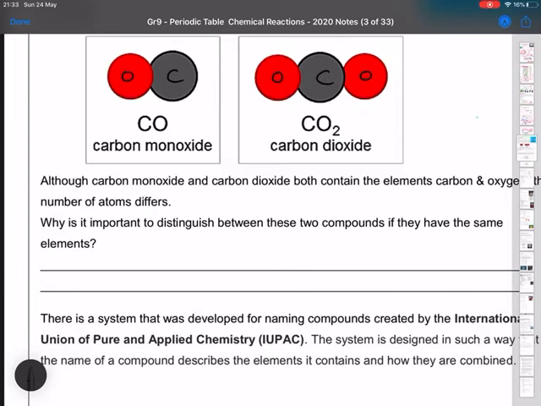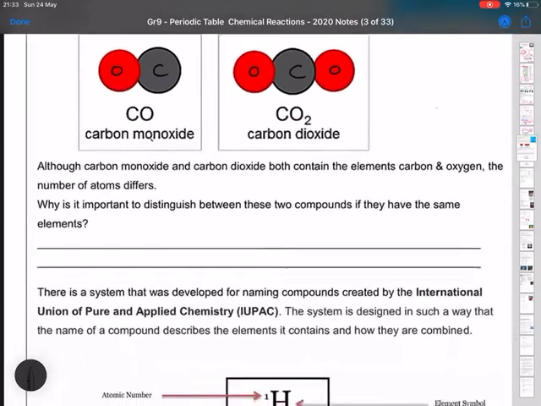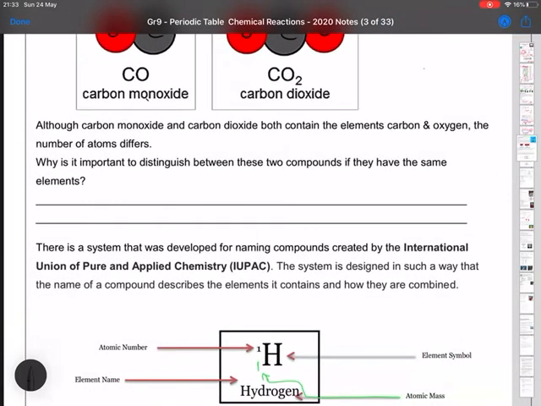So on the left, carbon monoxide, mono means one. We've got one oxygen, whereas carbon dioxide, di means two. So although they have both got elements, carbon and oxygen, the number of atoms differs. The ratio in which those elements are combined is different.